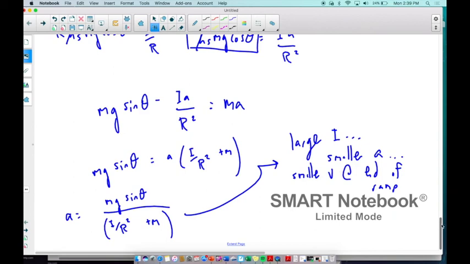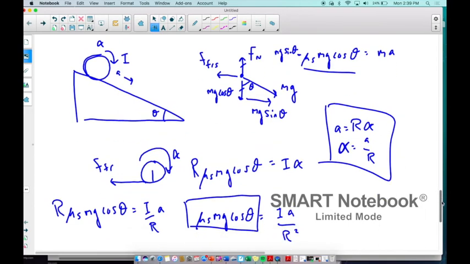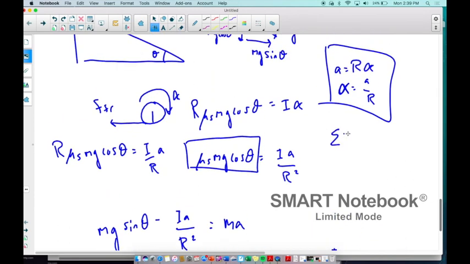And in fact, we don't even have to do all of this. We can just go straight to this. The fact that these are true for rolling without slipping, recognize that acceleration is going to be proportional to rotational acceleration, and understand that Newton's second law for rotation basically says that for a given torque, the bigger the inertia, the smaller the rotational acceleration is going to be.